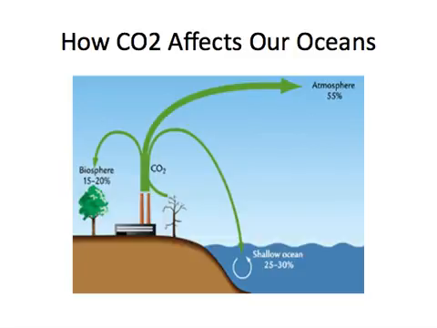That increased acidity, some things can handle it, some things can't. Unfortunately, what dies first are the really little things. And when really little things die first, that's the bottom of the food chain, and everything above it ends up getting affected. So that's how CO2 negatively affects our oceans. We really, really need to be careful that way.